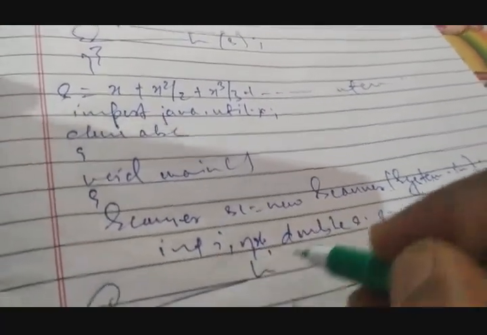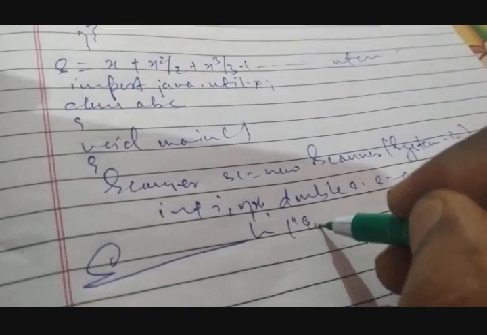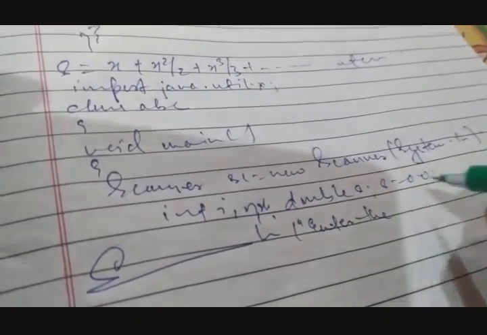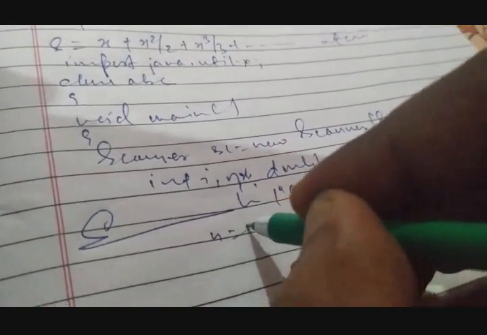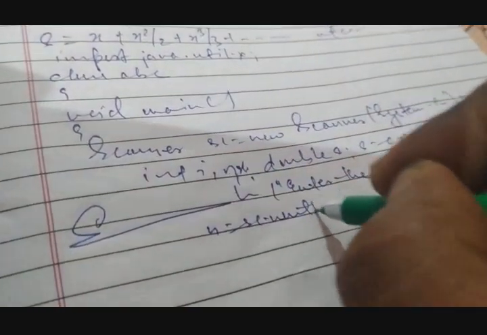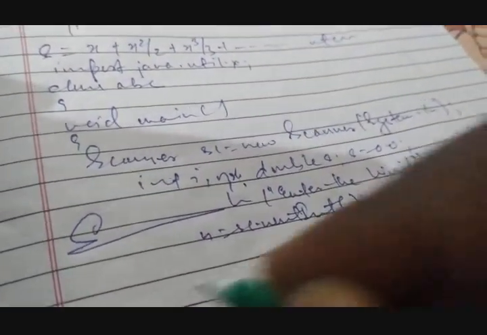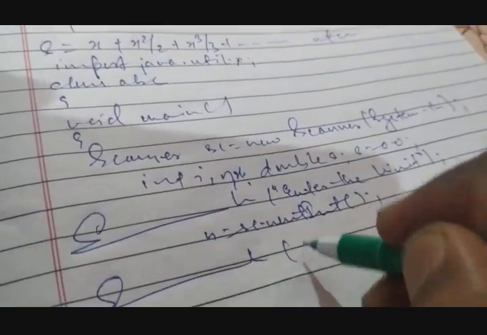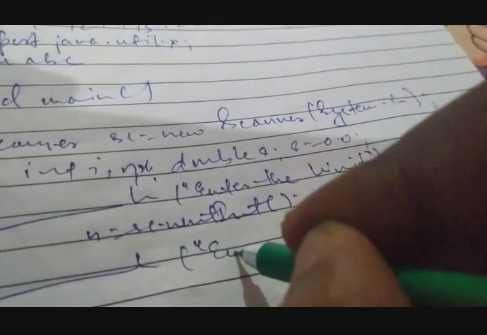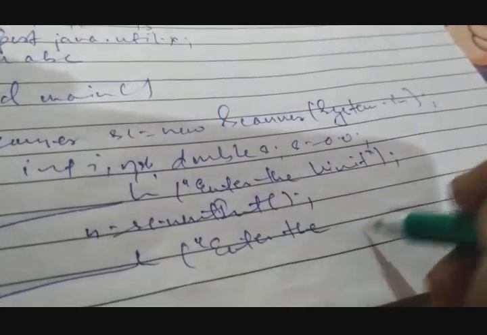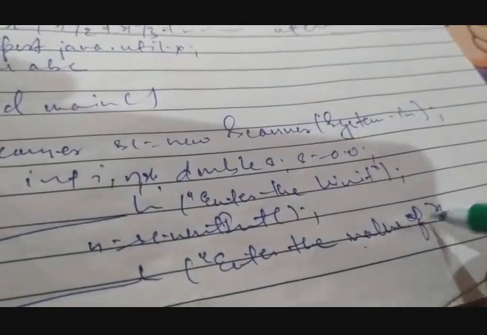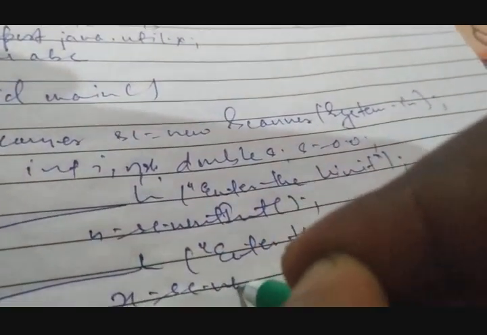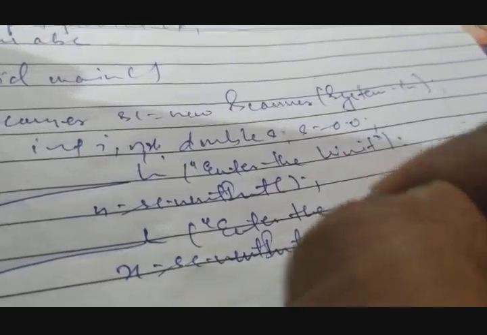So println: Enter the limit, n equals sc.nextInt method. So println: Enter the value of x, x equals sc.nextInt method.